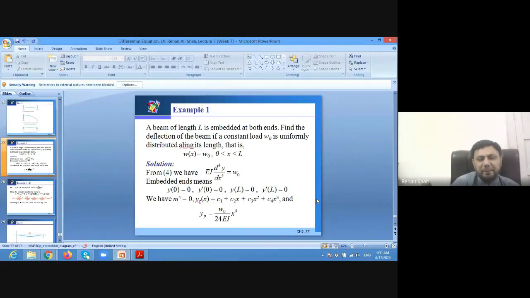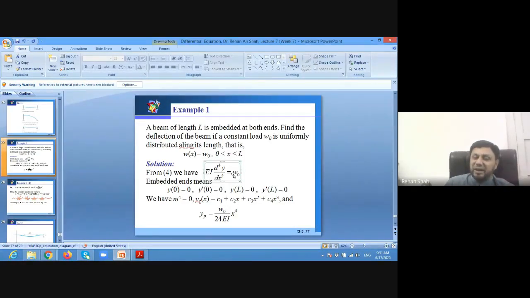Is it clear? What will be your yp if you are using the undetermined coefficient method? On the right hand side there is only a constant value, so your yp will be A. But A is present in yc in the form of C1, so your new selection is Ax.